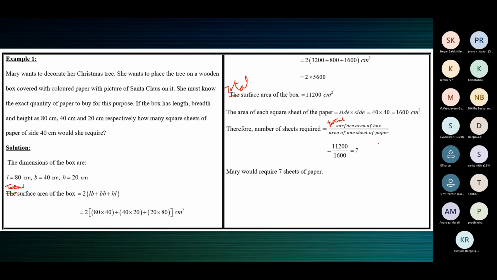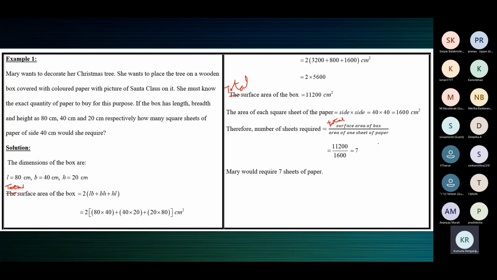All right. So the two things you have to find are the total surface area of the cuboid and the area of one square sheet. Divide to get the number of sheets. Children, this is not the explanation. We have already done one or two sums like this where I've explained why.